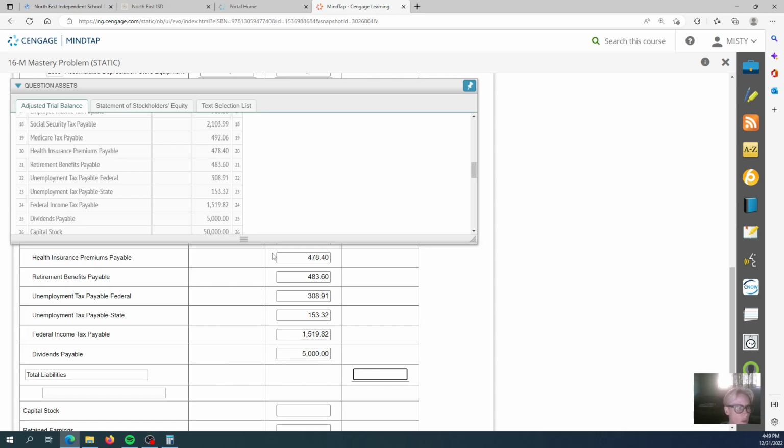And our total is what? 31,894.38. Okay? And that, of course, was all of our current liabilities added up. And in this case, those are our total liabilities.